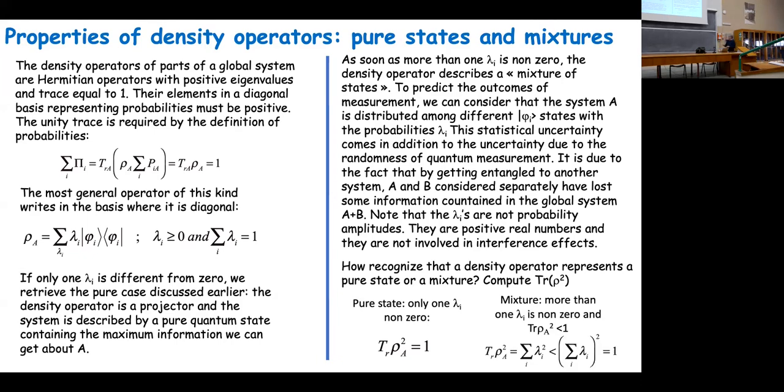The trace will be equal to the sum of the lambda I squared. And the sum of the lambda I squared is smaller than the square of the sum of lambda I, because if you square a sum of lambda I, you will have cross products of positive lambdas, which will increase the result. So you have a necessary and sufficient condition. Trace of rho squared equal to 1, you are in a pure state. Trace of rho squared smaller than 1, you are in a mixture.